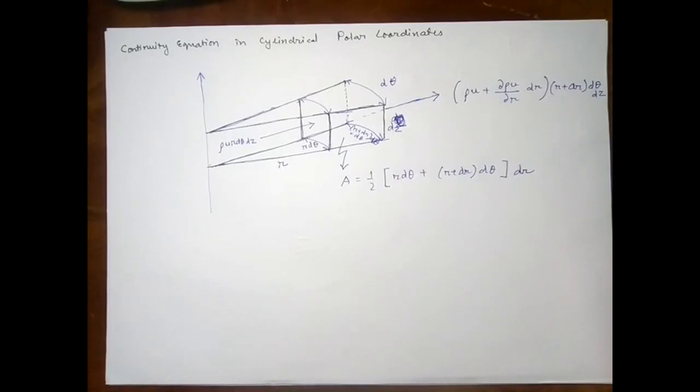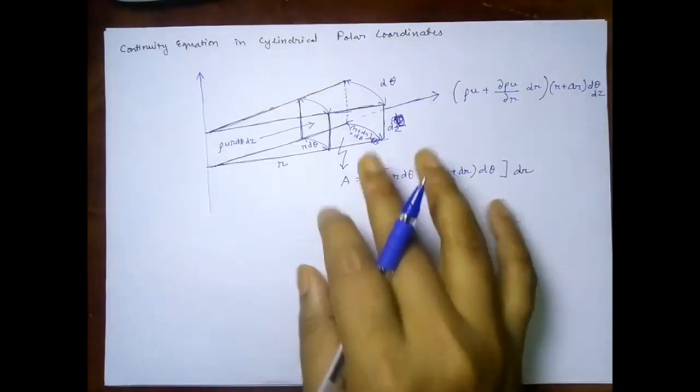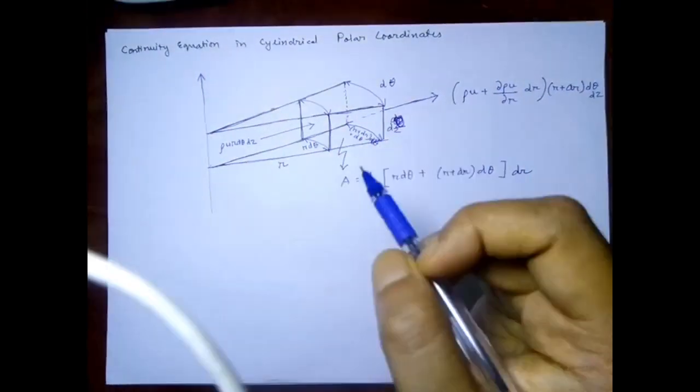In the previous part of this fluid kinematics video, we discussed the continuity equation in Cartesian coordinates. Now, in this video lesson, we will start with the continuity equation in cylindrical polar coordinates form. For this, I have already made a diagram.